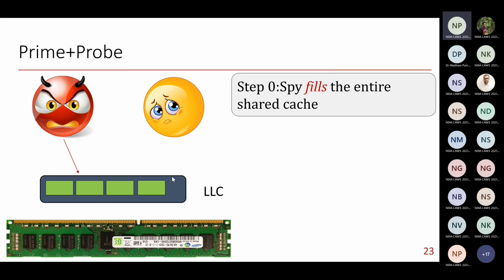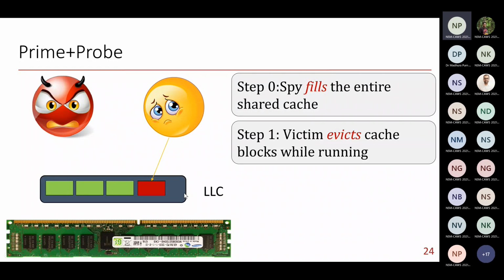You can easily do it by writing a for loop and accessing an array which is larger than the size of the LLC. Remember, this is a fixed size resource, and when the victim comes to access its data, it will get misses because the spy has already filled the LLC with its own data, right?